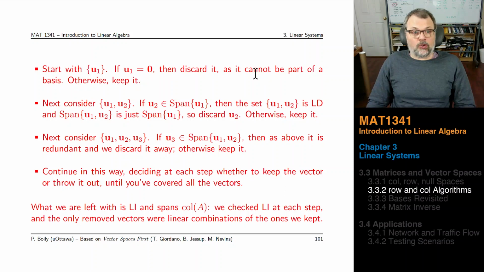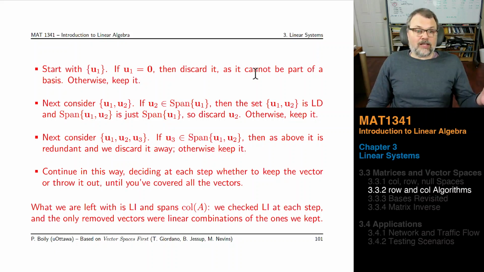You look at U1, U2, U3. If U3 is in the span of U1, U2, then it is redundant and you discard it. Otherwise, you keep it. And you continue in this way, deciding at each step whether the vector that you're adding is one you keep or you throw it out until you've gone through all the vectors.